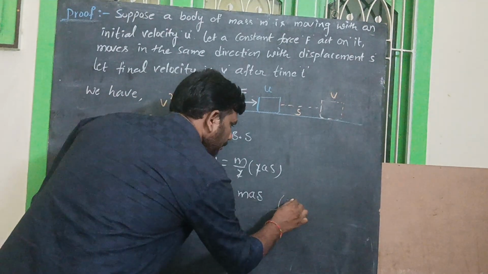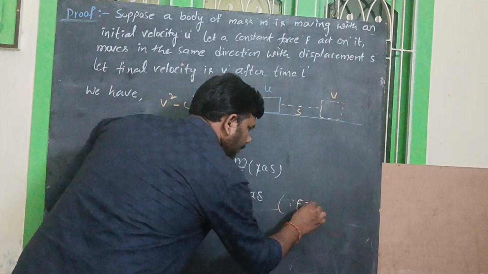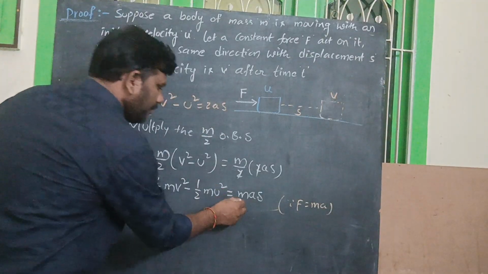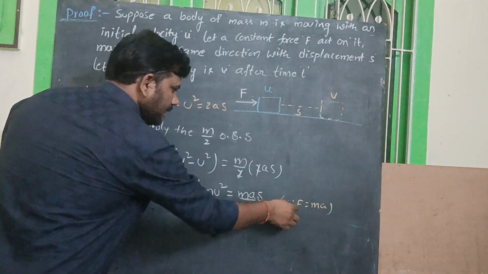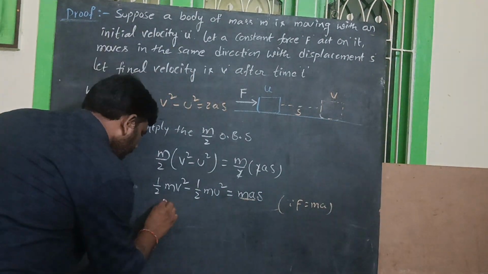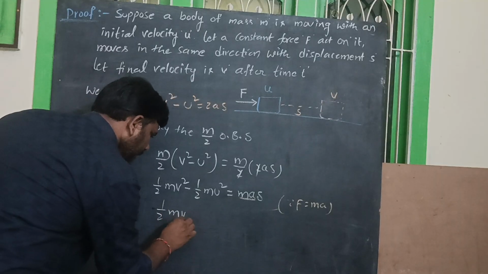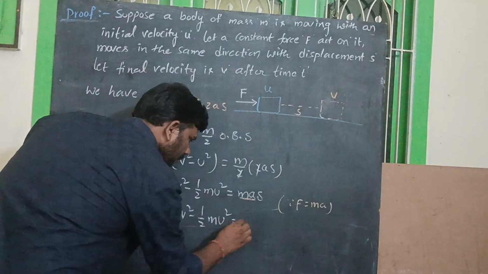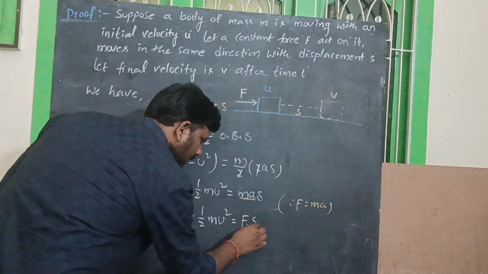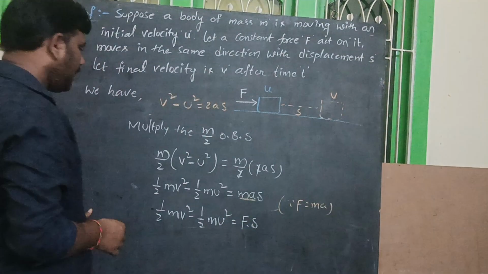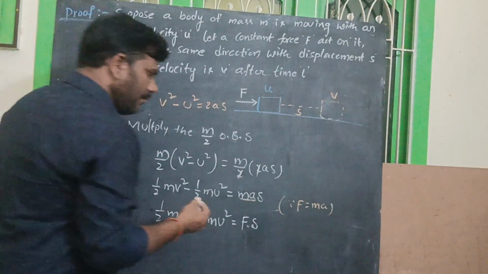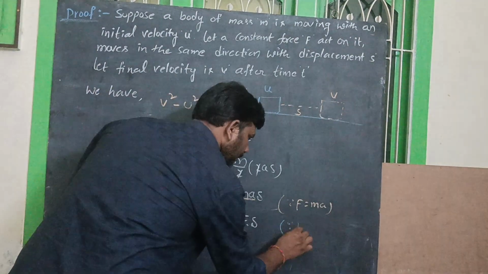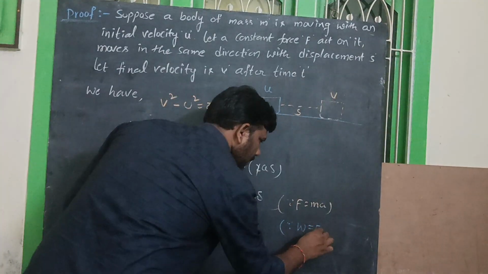According to Newton's second law, F is equal to ma. Then we can replace ma with F. Therefore, half m v square minus half m u square is equal to F into s. You already know the work done formula: work done is equal to force into displacement.